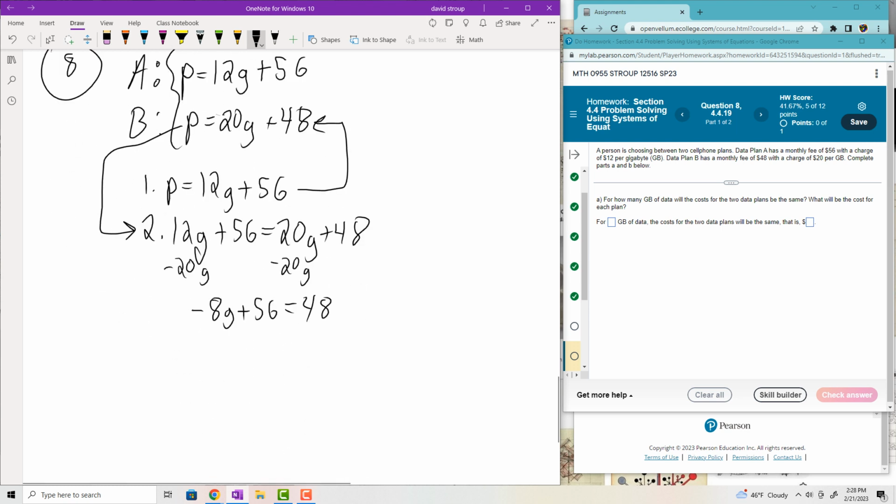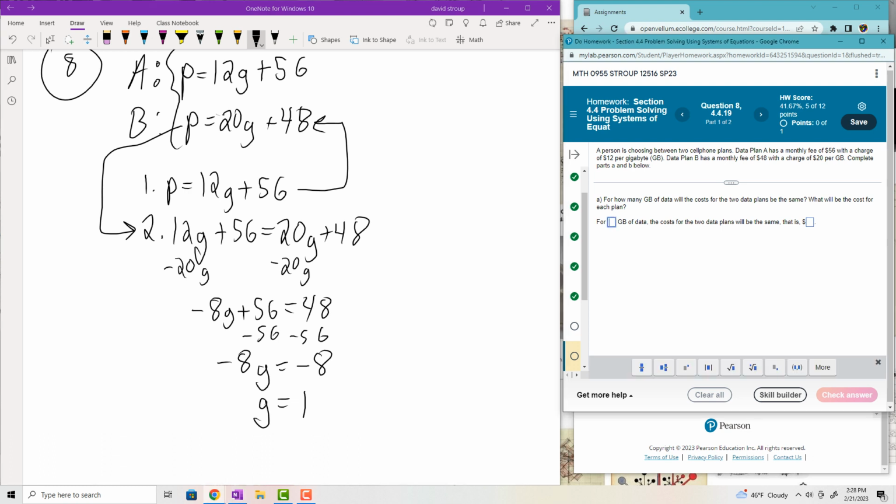Then move the constants to the other side. That looks like 1 gigabyte. 1 gigabyte for 1 gigabyte of data. Then you could back sub into the first equation. The price will be 12 times 1 plus 56, which will be 12 plus 56, which will be $68.